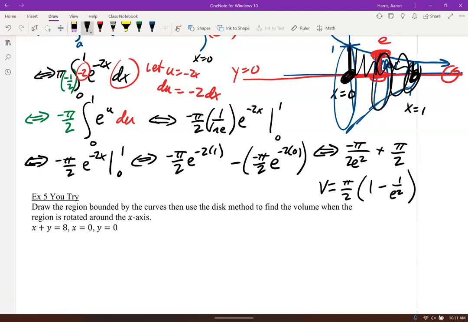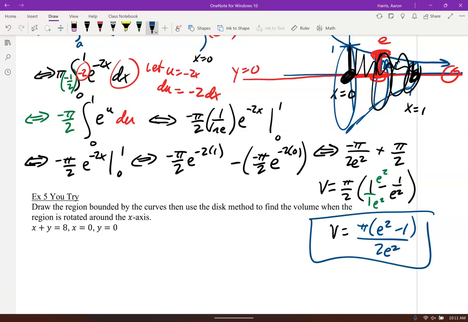That's another way to write that. Or if you want to get a common denominator of e squared, there's another way to write that.